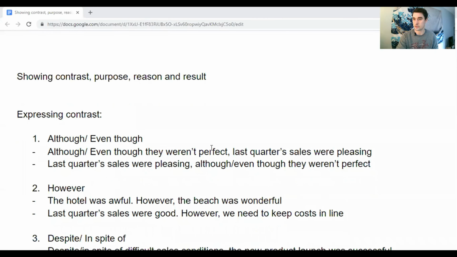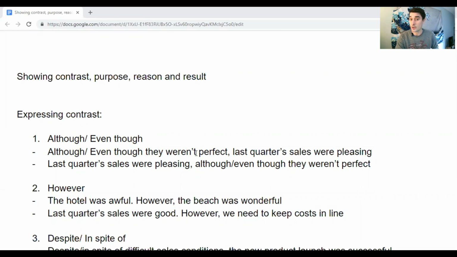Okay. We have a few expressions for expressing contrast, and the first one we can use is although or even though. Now, we can use this at the beginning of a sentence or in the middle of a sentence. We never use a comma after although or even though. We have some examples here.